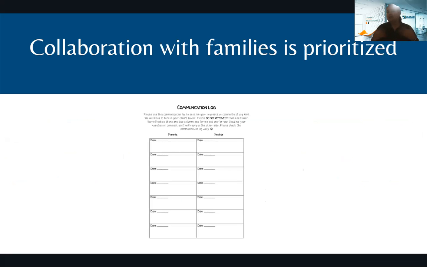Because you may want to use Dojo, which is amazing, but you may have a parent that doesn't have access to some sort of technology. It seems really off base that somebody wouldn't have a phone or internet, but it happens. There are families that don't have that. So you can come up with a compromise to communicate with that parent in a way that is comfortable for you and for them.